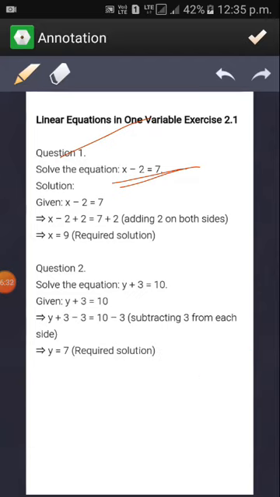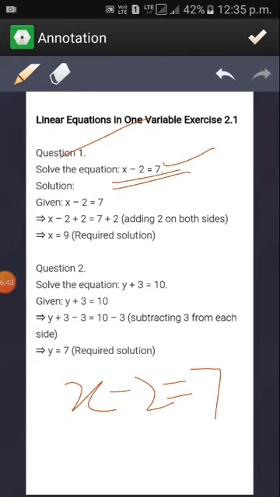Now what I have to find out is to solve this x minus 2 equal to 7. I can solve it here. X minus 2 equal to 7. These are like terms. 2 and 7 are like terms. So I will shift these two to one side. I will keep this x here.